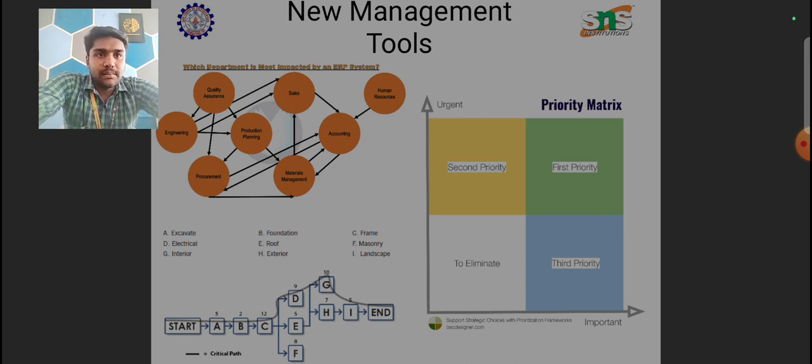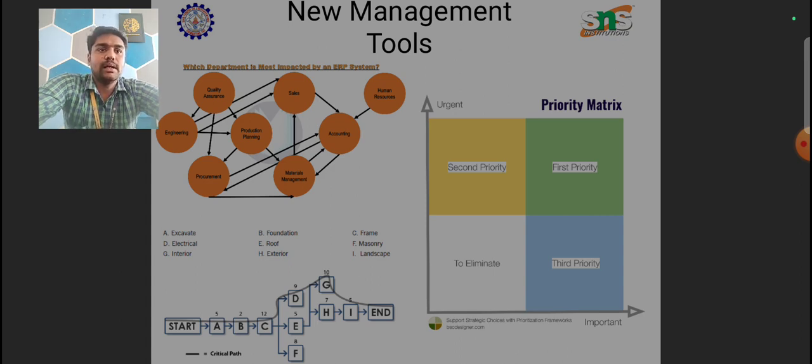Second comes the priority matrix. The priority matrix is categorized based on urgent and important. First, the most urgent and most important component is said to be the first priority. The second will be the second priority, which has the secondary output of the company.